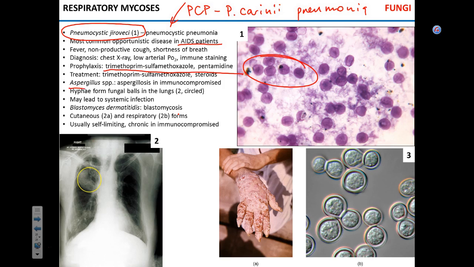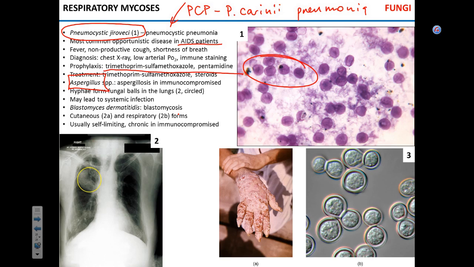Now, Aspergillus is something that is largely underestimated in terms of its danger. It's the mold, again, the mold that can be found in the general environment.